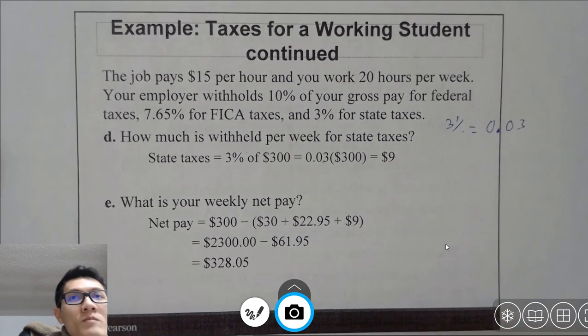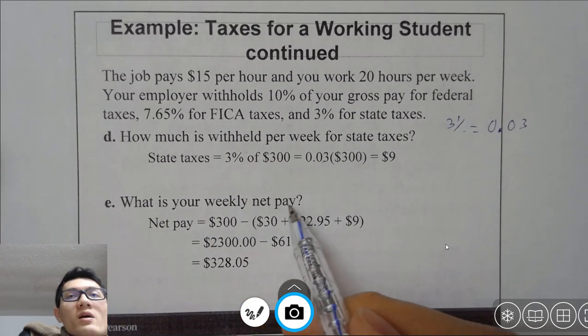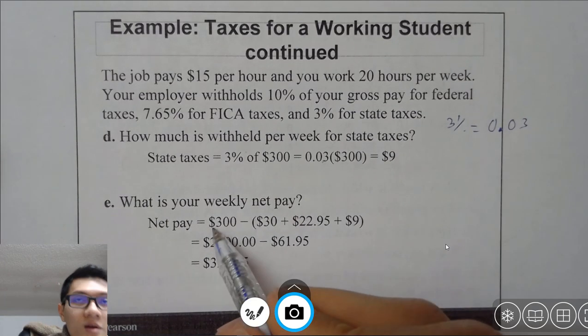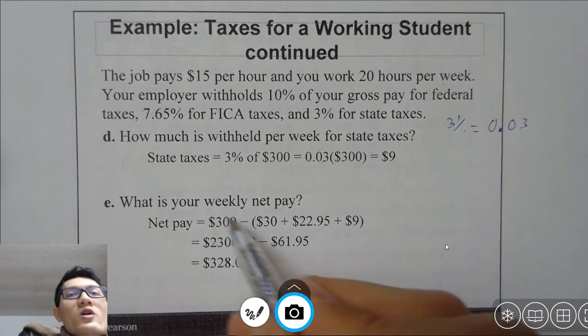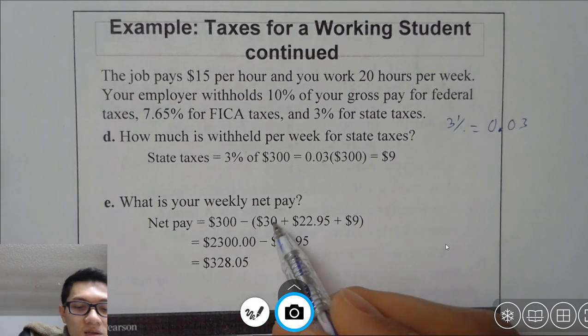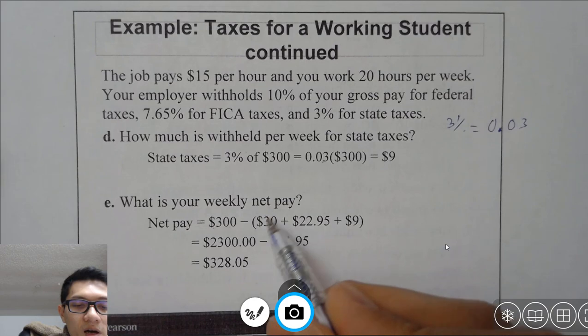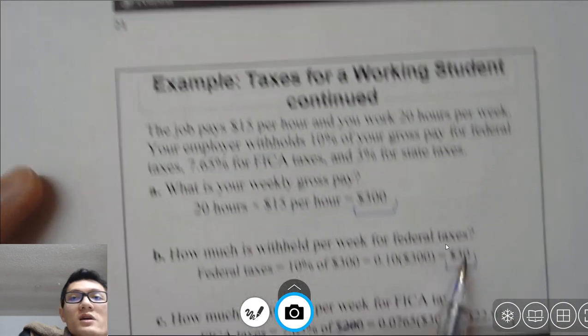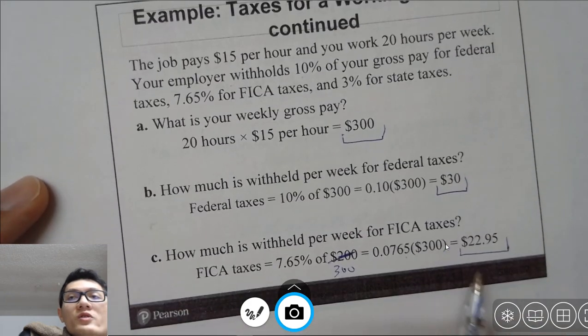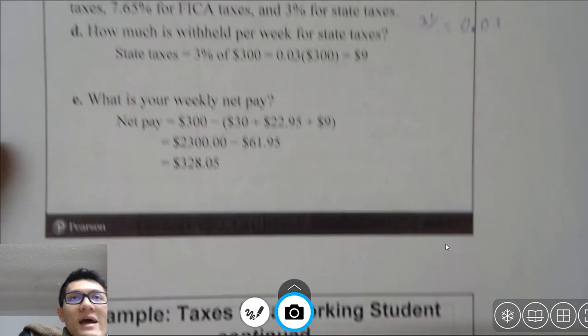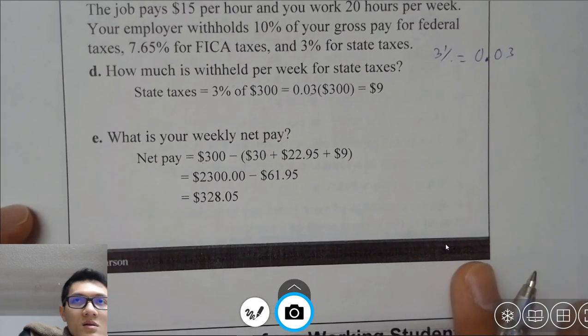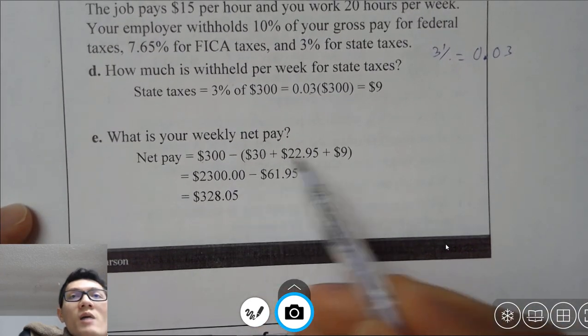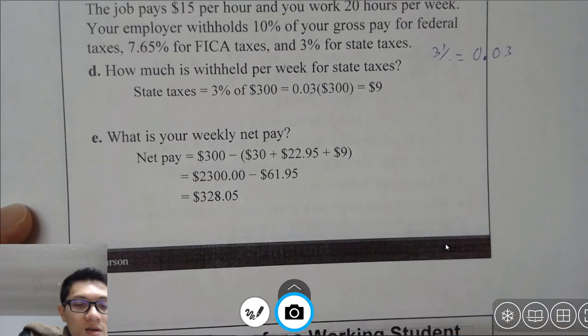So the question is, what is your weekly net pay? So you got 300 for the gross pay, but after you pay the state, the Fica, you pay the federal taxes $30, Fica 22.95 together with the state taxes. The three of them, you add them up all together, do the subtraction.